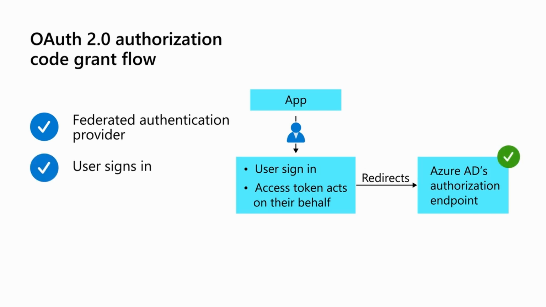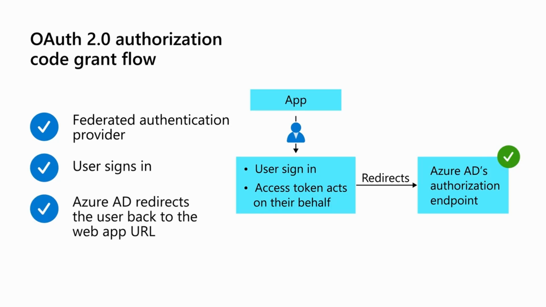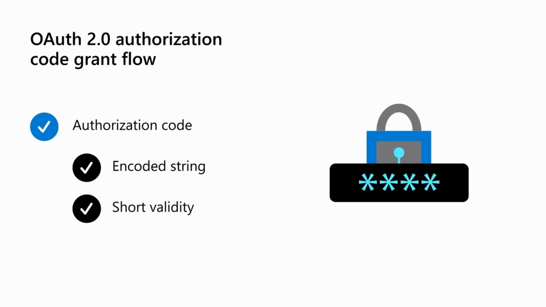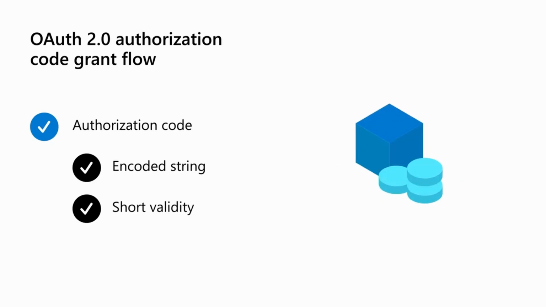After the user successfully signs in with their email and password, Azure AD redirects them to a specific URL in the web app. When Azure AD redirects the user to the web app, it includes an authorization code. The authorization code is an encoded string that only Azure AD can read. The web app takes this authorization code, which is valid for a short period, and includes it in a request to the Azure AD token endpoint.